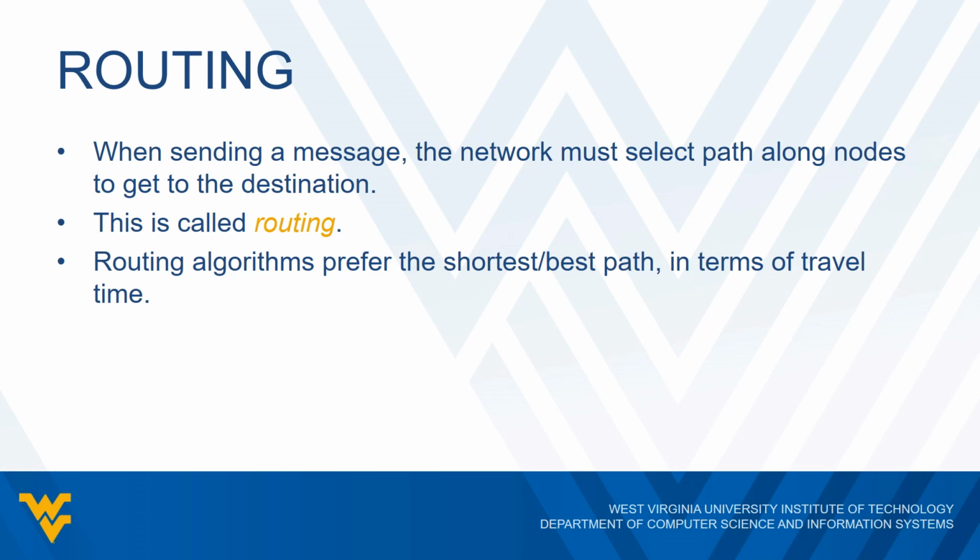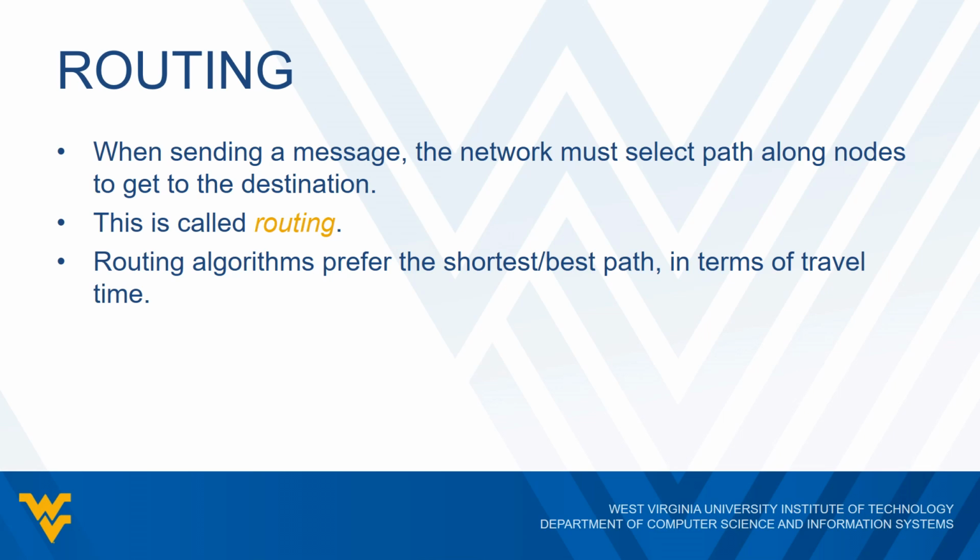Shortest path between two nodes is not necessarily the shortest in length, but rather how fast the message can travel. We're looking for the quickest route in terms of the time it takes to send that message.